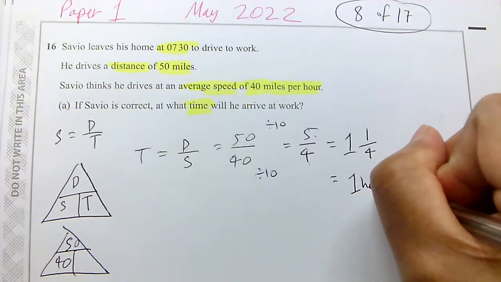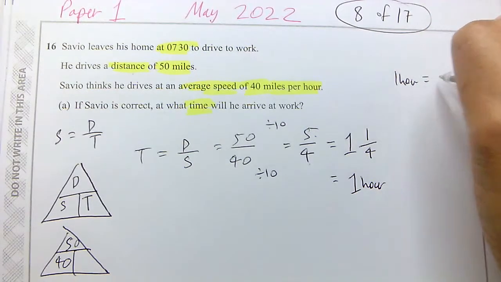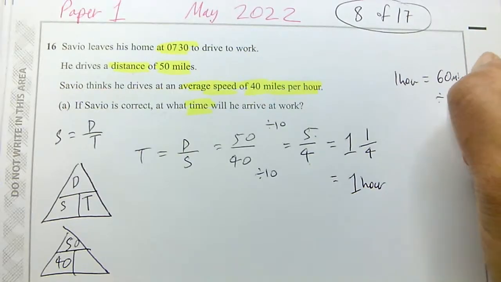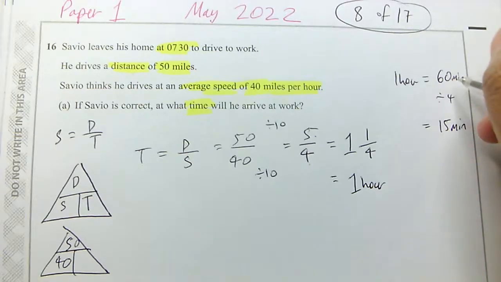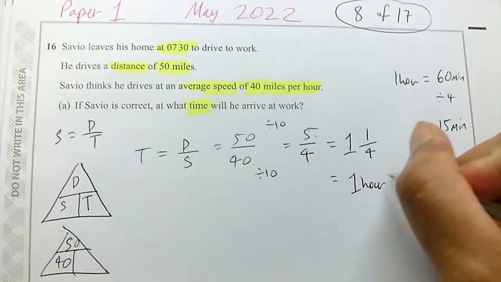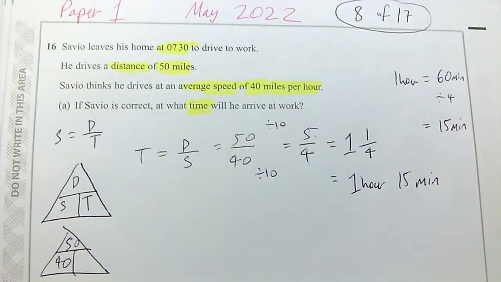That's 1 hour. If 1 hour equals 60 minutes, what's a quarter of an hour? So I'm dividing by 4. A quarter of an hour is going to be 15 minutes. So 60 divided by 4. So that's 1 hour, 15 minutes. And so I go back to my time.